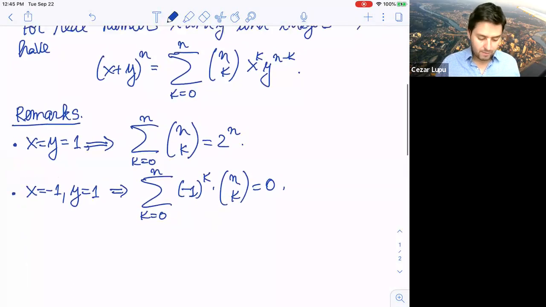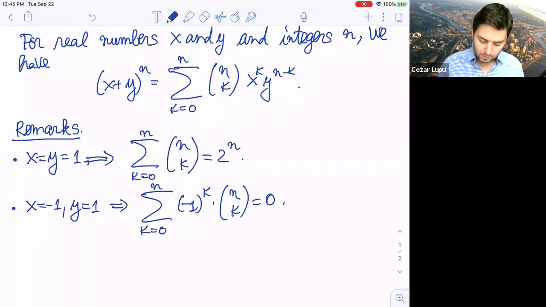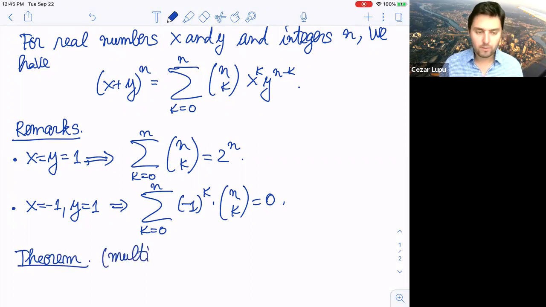In fact, you'll have even a much more general version than this. Let's call this the following theorem, which is the multinomial formula, and it's very good when you count.